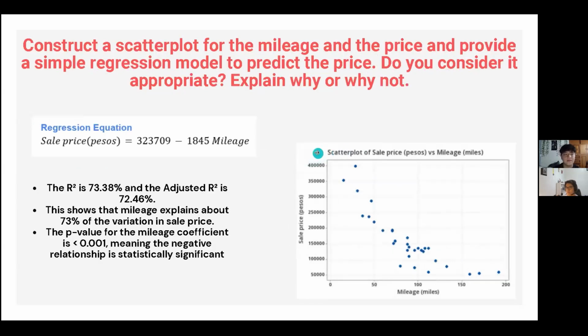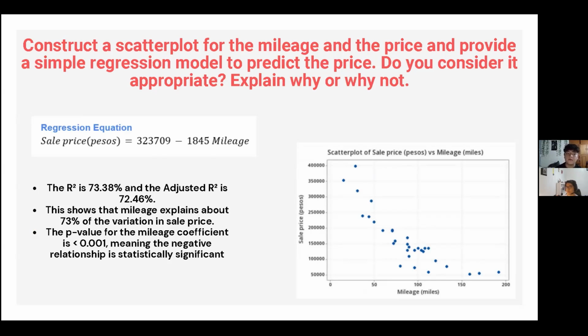Next, we have the results for the miles. We have another regression equation, which is the model for the mileage. Each extra mile lowers the price by approximately 1,845 pesos.